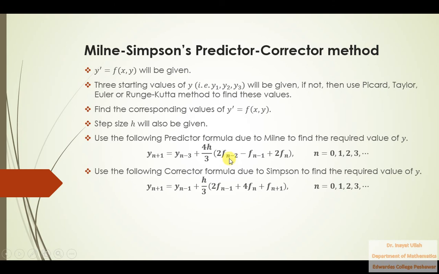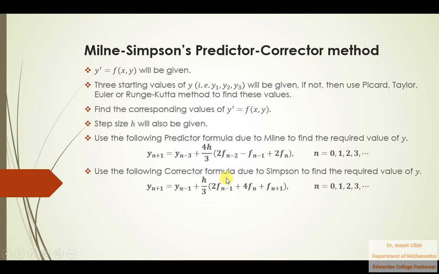We see that is n minus 2, then n minus 1, then n. 1 is increased in these suffixes. Similarly, 1 is increased in these suffixes or subscripts, you may say that.